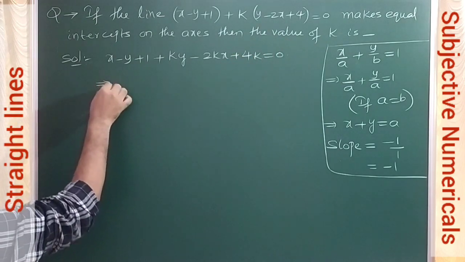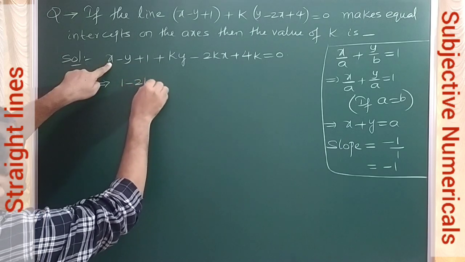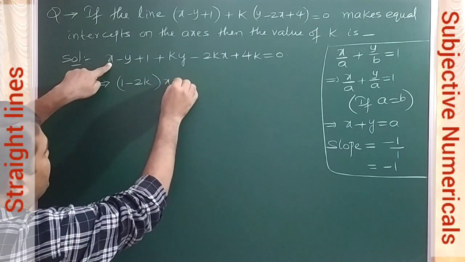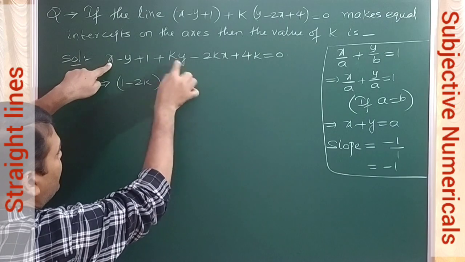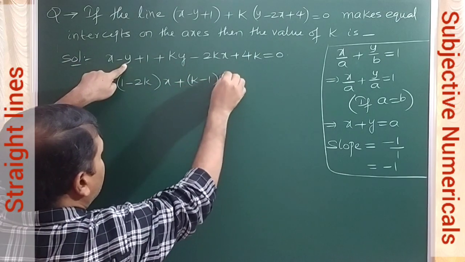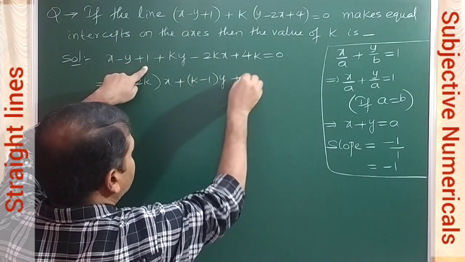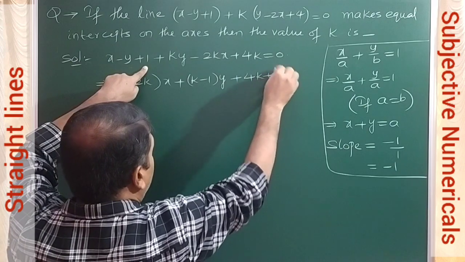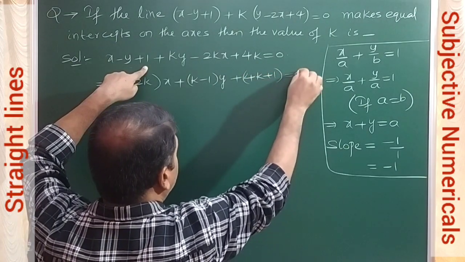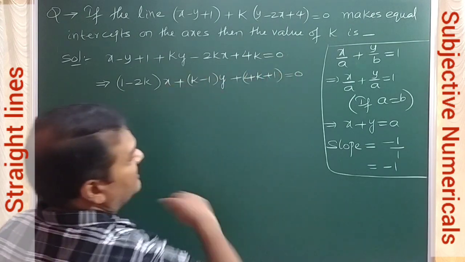So first you write the terms containing x: 1 minus 2k into x. Next write the terms containing y. In these two, y common: k minus 1 into y. Next constants: 4k plus 1. Now the line is in ax plus by plus c is equal to 0 model.